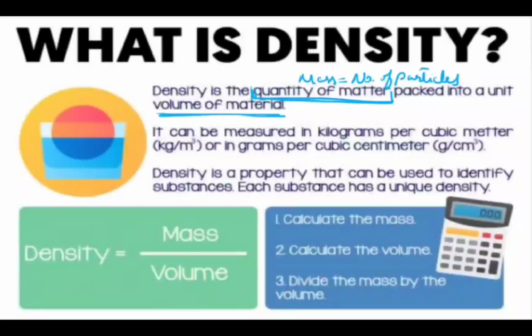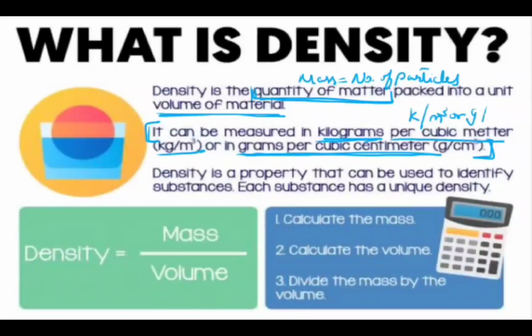So the space occupied by the number of particles, or by the object, is measured in cubic meters, while the mass is measured in kilograms. The unit of density could either be kilograms per cubic meter or grams per cubic centimeter.